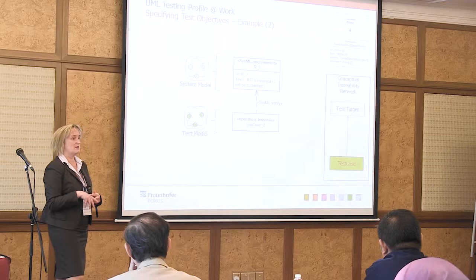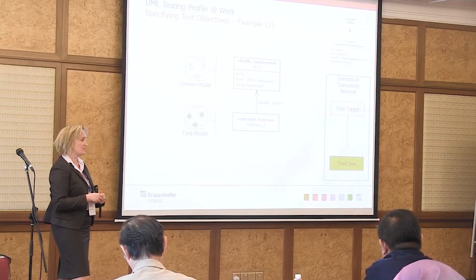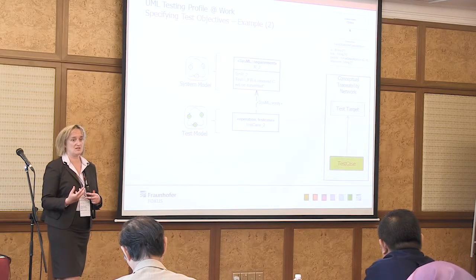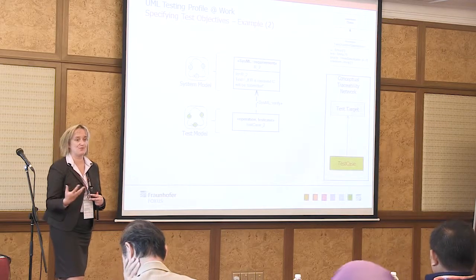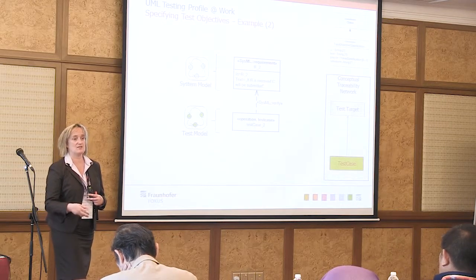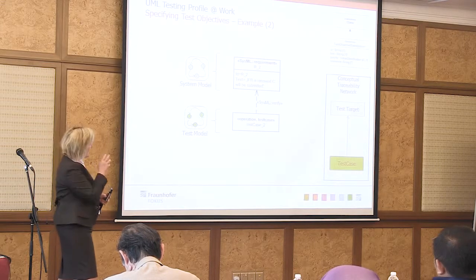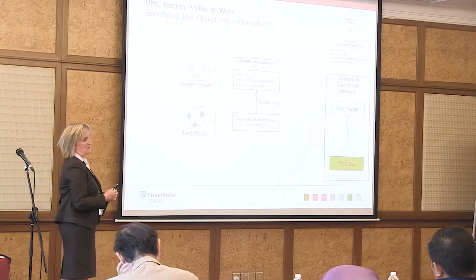It also tries to depict this understanding that the testing profile doesn't pre-describe the given test methodology, but it is open to support different ways of doing systematic testing with models. And you could directly go from the system model into the test model, which is then understandable test cases.